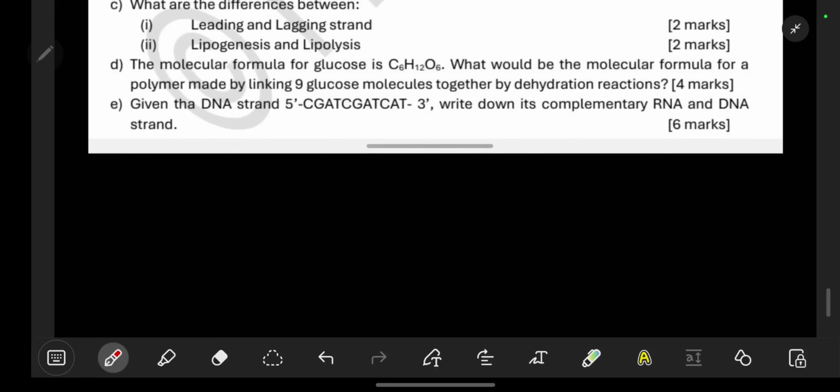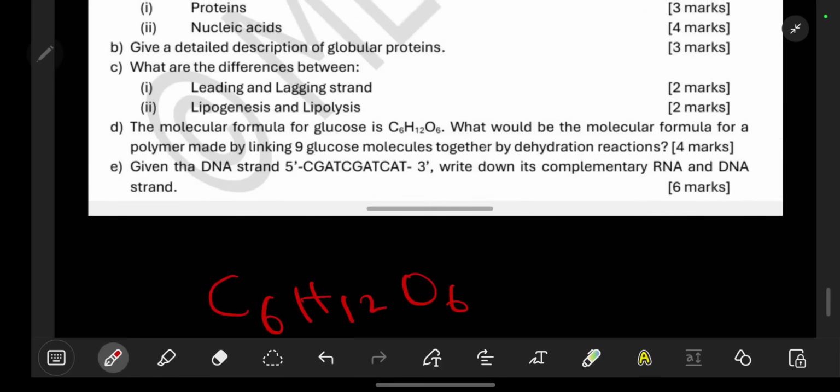So our D says the molecular formula for glucose is C6H12O6. Then we are asked what would be the molecular formula for a polymer made by linking 9 glucose molecules together by a dehydration reaction. So a dehydration reaction causes a decrease in the amount of, it's more like water is released.